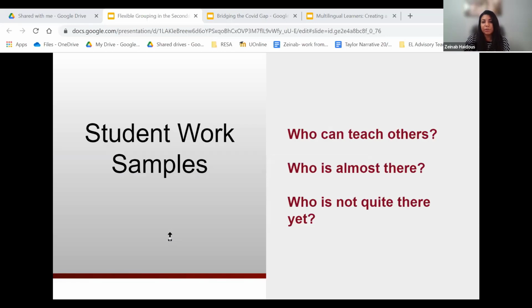Then we can look at our students who are almost there and think about what type of support they would need from us, and how we can help them get there. And then finally, we can focus on the students who are really not quite there yet and think about what extra support they need from us, and what extra support their peers can provide to them as well. So really having that strategic grouping is key to ensure their success.